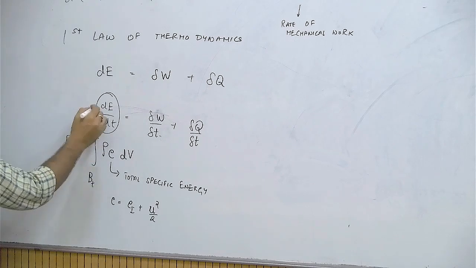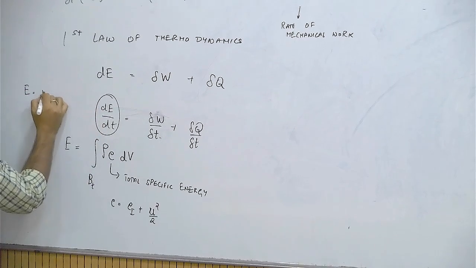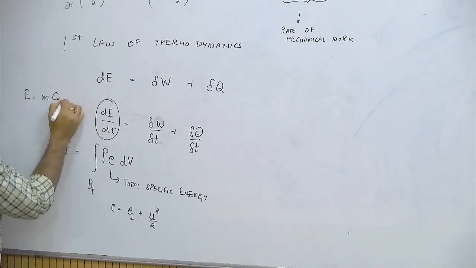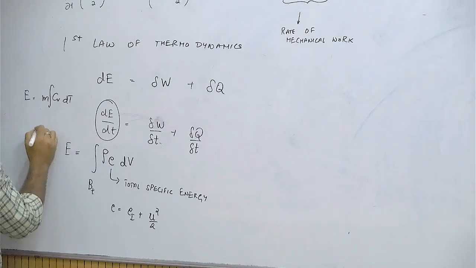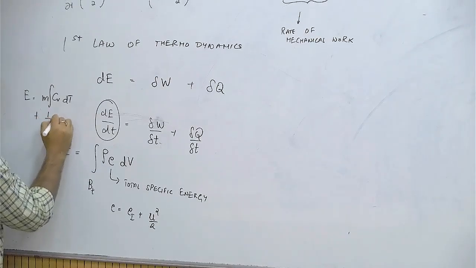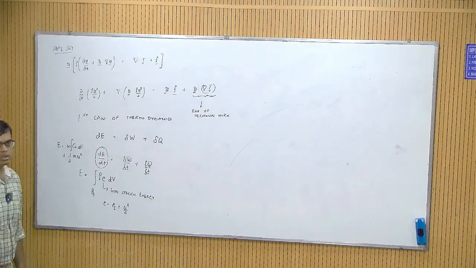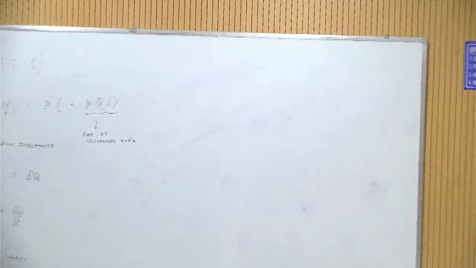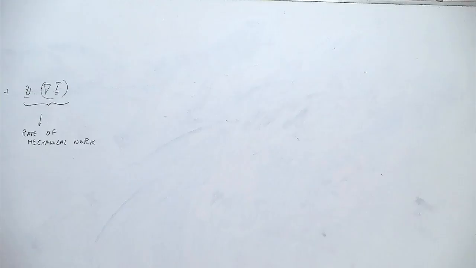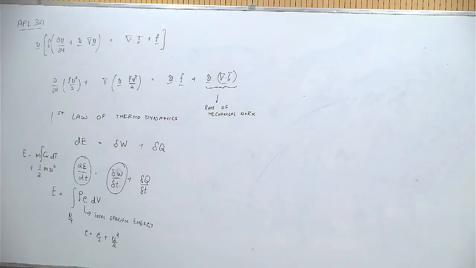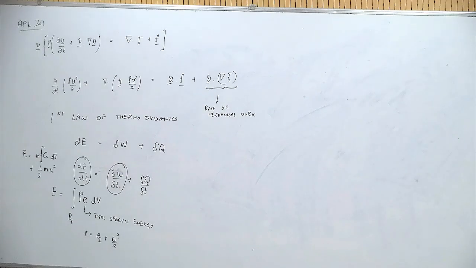So this is the total energy of the system, kinetic plus internal. Notice I have not written any potential energy because I am going to account for that by the work done due to conservative forces. So this is your E.